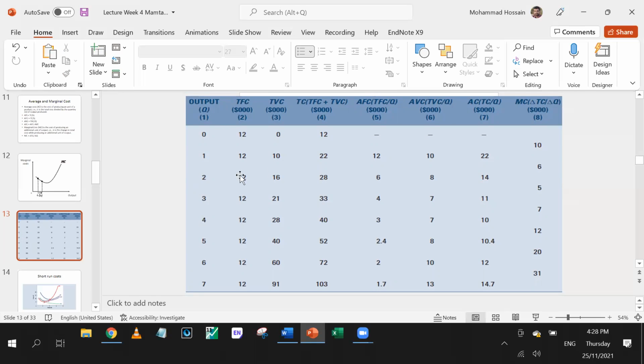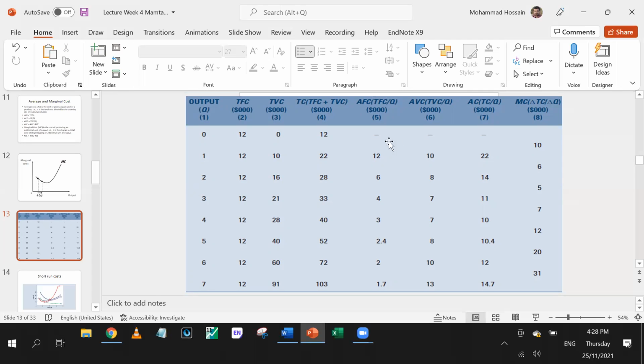Here is your output. Here is total fixed cost. Here is total variable cost. Add these two up, you get the total cost. The total fixed cost divided by quantity gives the average fixed cost.